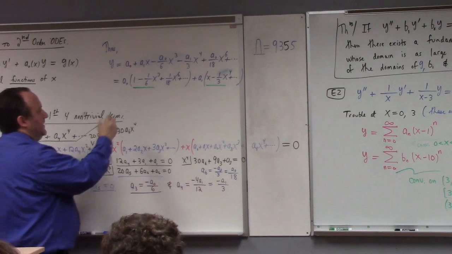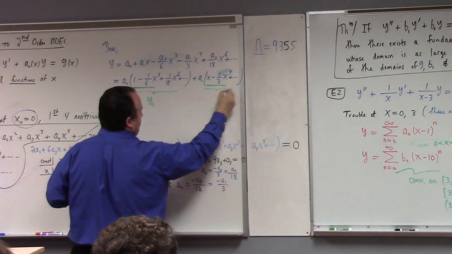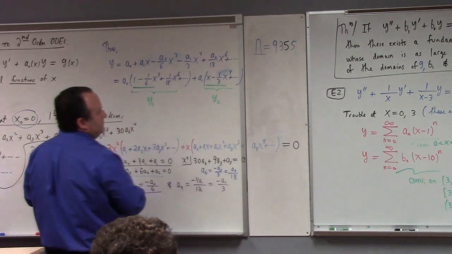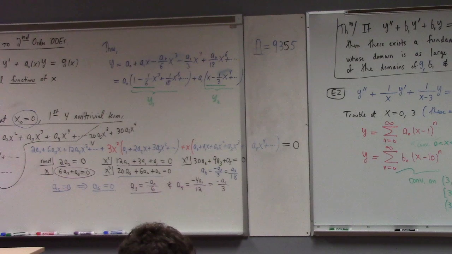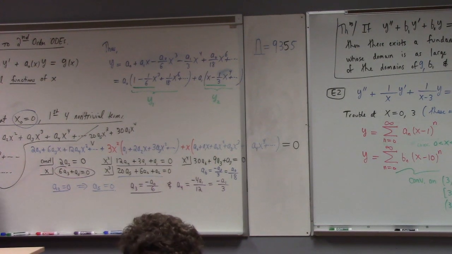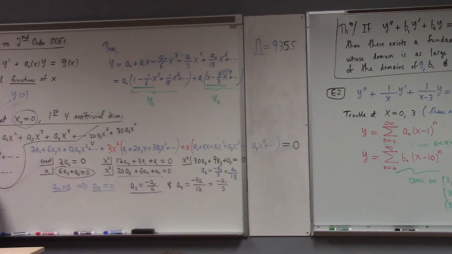So understand what we're looking at. This is my y1. This is my y2. What's the significance of a sub 0 and a sub 1? What does Taylor's theorem say about the coefficients? This is y of 0, right?